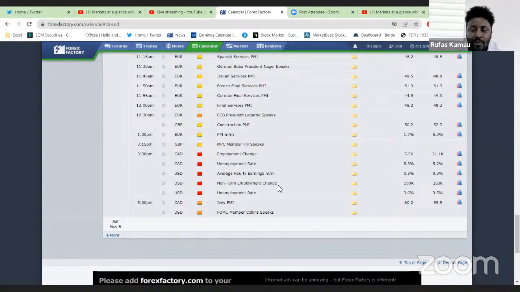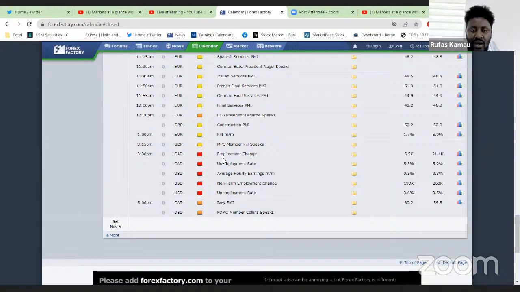So if the employment or the jobs market seems largely affected, then the Fed could change its policy. It could change its tactics. But if the unemployment rate remains the same level or even reduces, then the Fed will have more room to make even more hikes. So these could spike volatility further as we approach the end of the week.